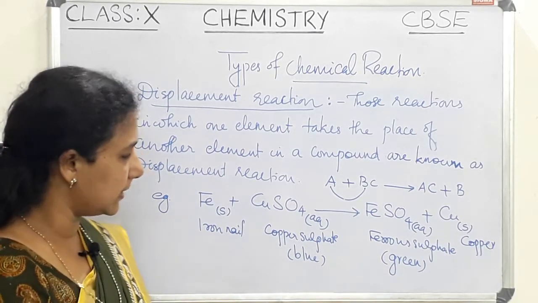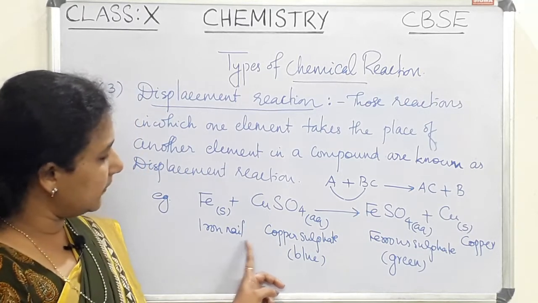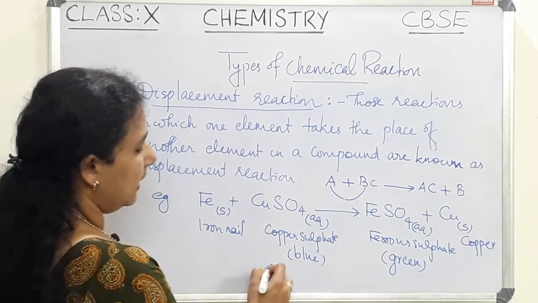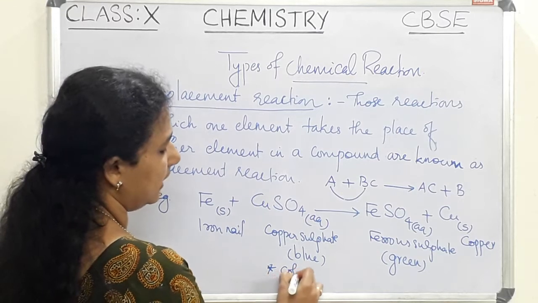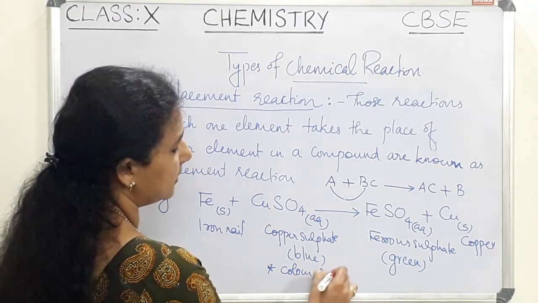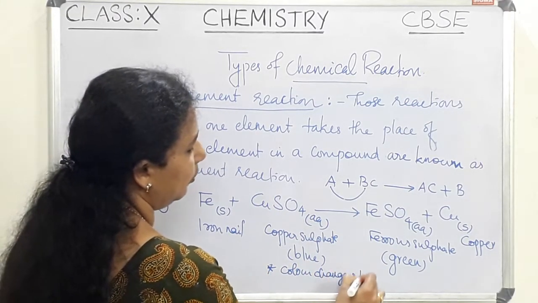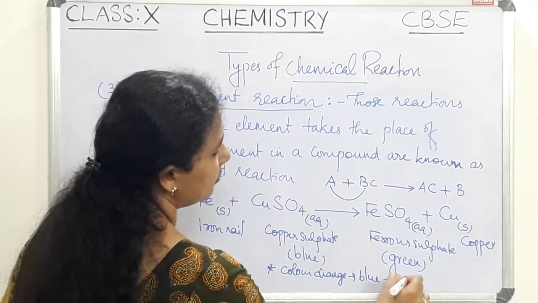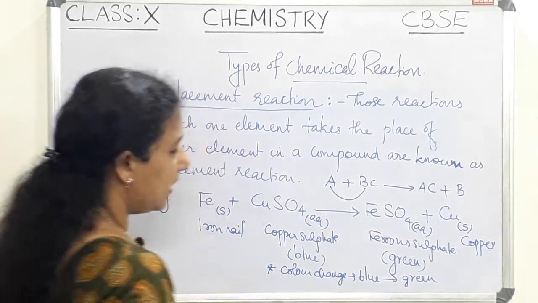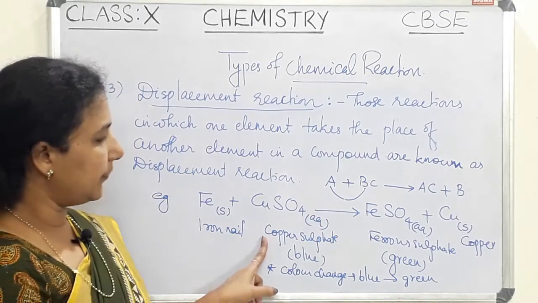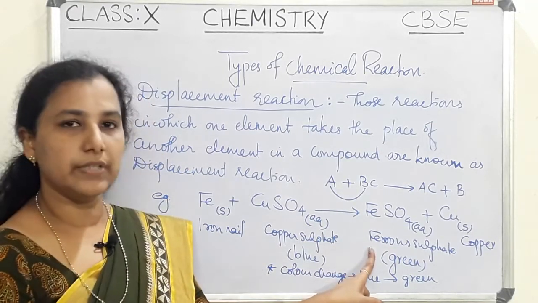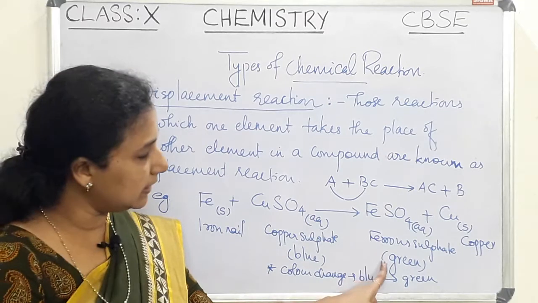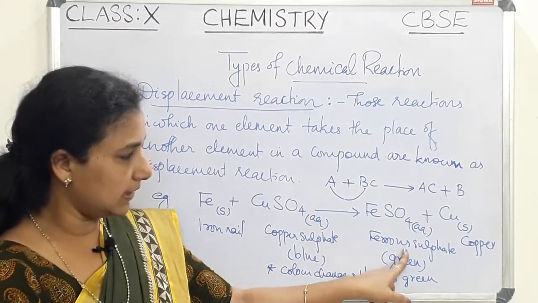That is the observation. A color change can be observed, that is, blue color changes to green. That means blue colored copper sulfate changes to green colored ferrous sulfate. That green color is due to the formation of ferrous sulfate.